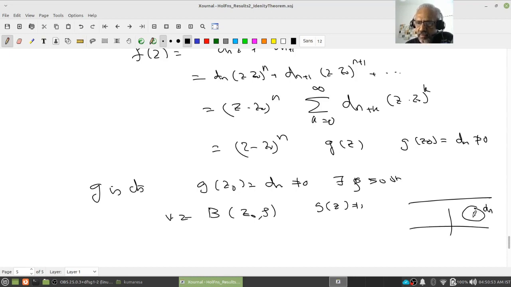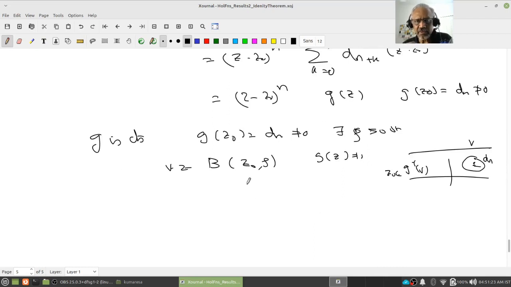Therefore choose an open disk around dn that does not contain the origin, call it V. Then g inverse of V will be an open set which contains z naught, and therefore there exists an open ball B_z naught of rho contained in it, and for every point z here, g of z lies in this open disk, therefore it cannot be 0. This should be very easy. I am sorry if you are missing it; that means your basic topology is weak. Please learn that carefully. Is that okay? So g of z is not equal to 0.